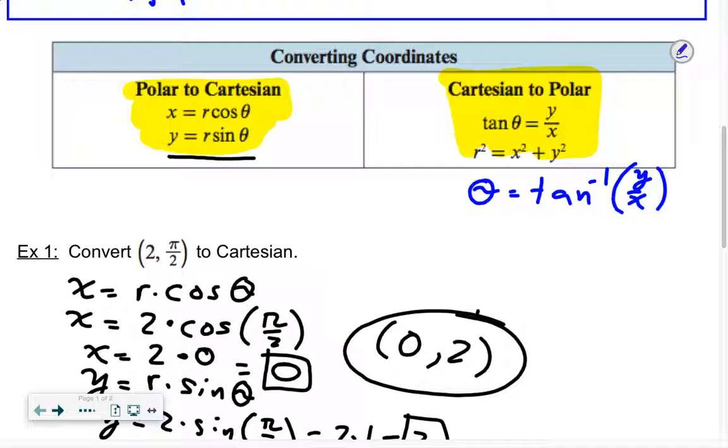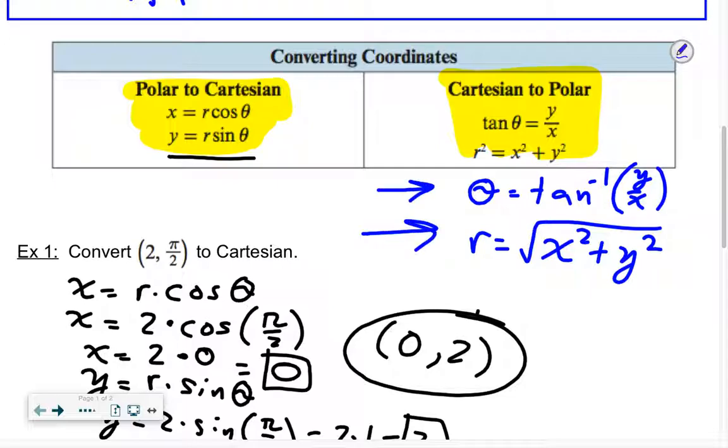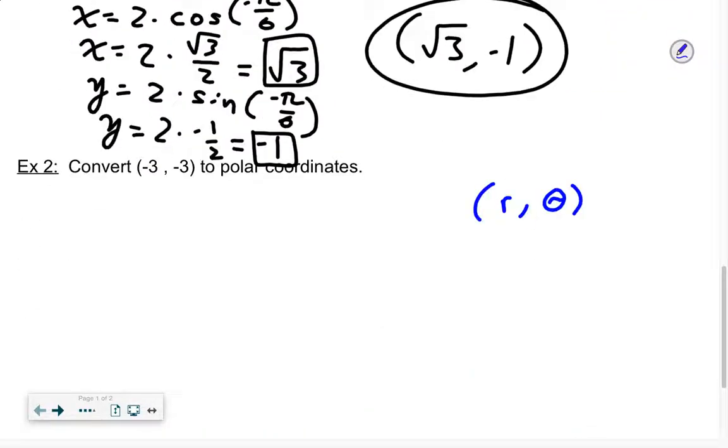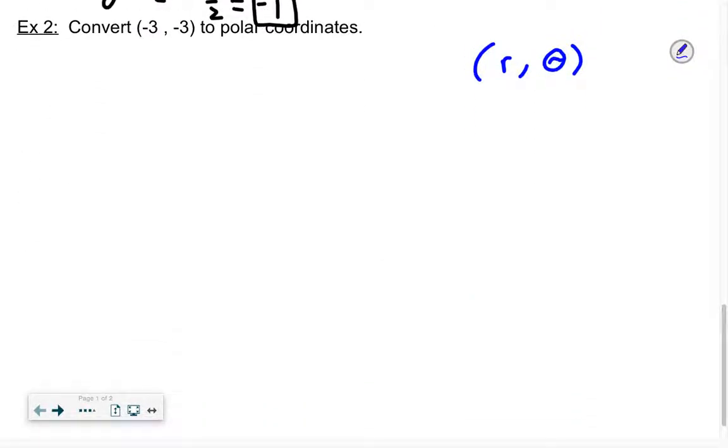Same idea with the r. We could solve for it, but let's go ahead and do it. How do I get rid of the exponent of 2? Well, we're simply going to square root both sides. So the book really should have just given you this and this. We'll do the step for them, I guess. So again, we need to solve for r and we need to solve for theta. Let's start with that r value. R is equal to the square root of x squared plus y squared.